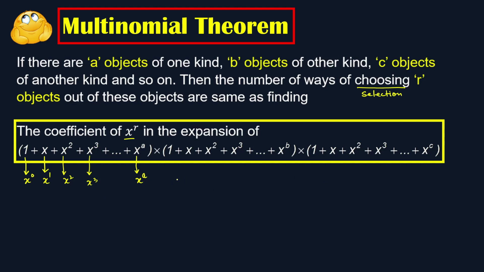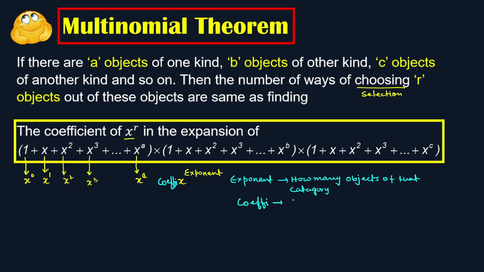Now, whenever we are writing x to the power some exponent, this exponent actually signifies how many objects of that category you are choosing, and the coefficient of that x to the power, how many objects we have chosen, gives us in how many ways you can select that amount of objects of that kind.